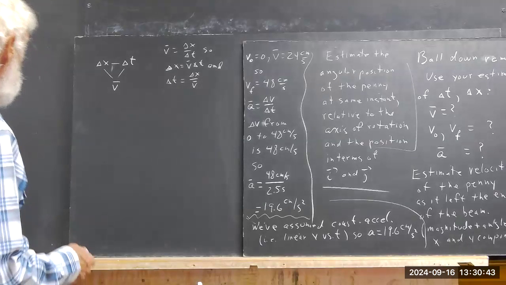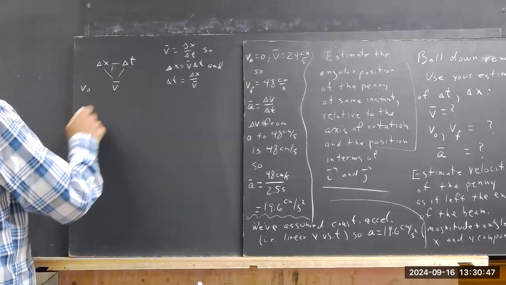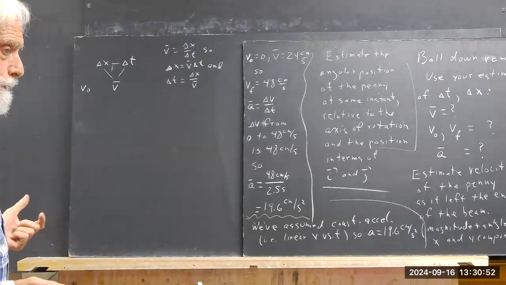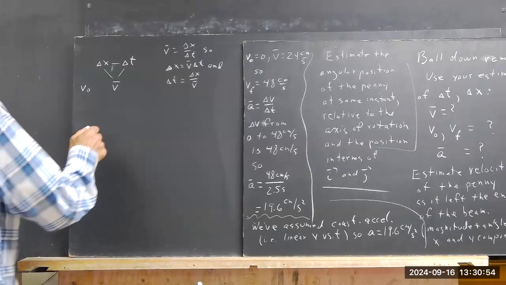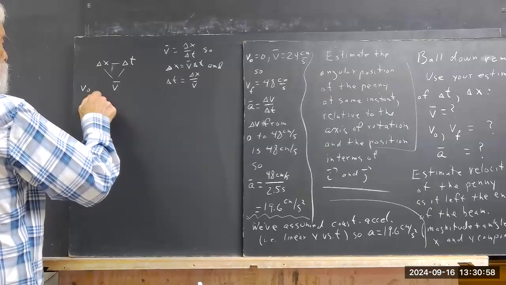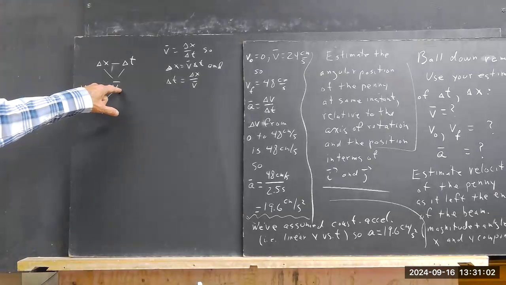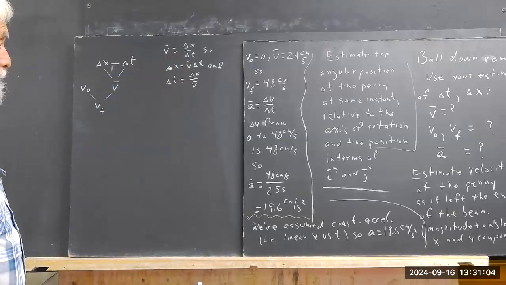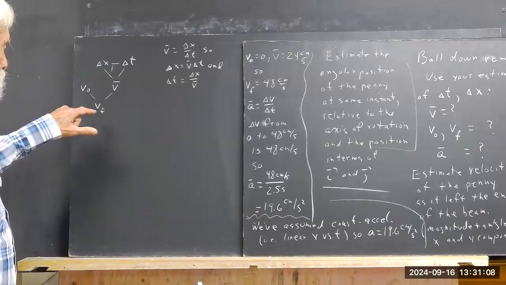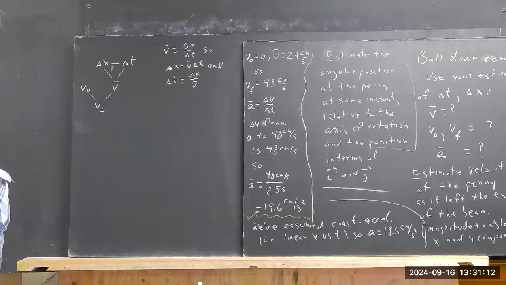We can go even further than that, of course. If we know V naught and V bar, what can we get? V naught was 0, V bar was 24 centimeters per second. We know that if we average this and this, we get this, right?